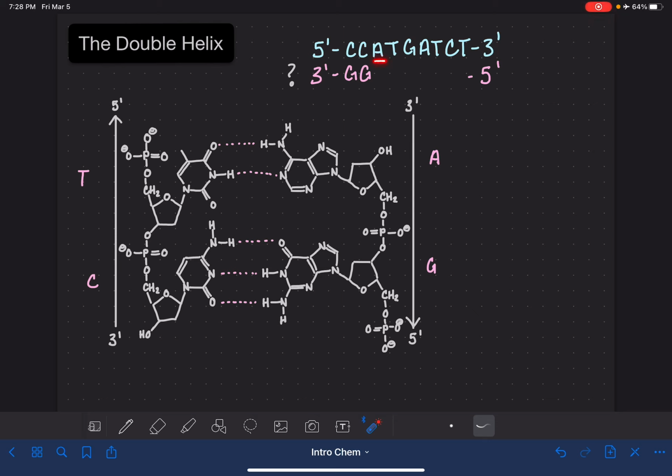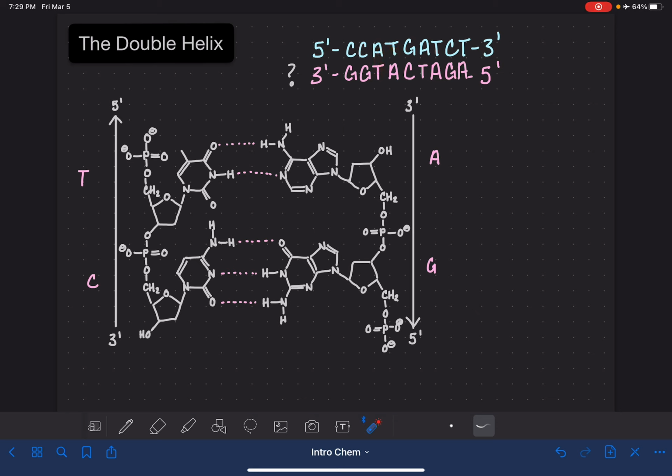And then likewise, if you have an adenine, the complementary strand needs to have a thymine. Or if you have a thymine, the complementary strand needs to have an adenine. So this is a pattern that you'll just pick up pretty quickly if you haven't already mastered it. When you're writing the complementary strand, you just write the nucleotide base that complements that particular nucleotide's base.